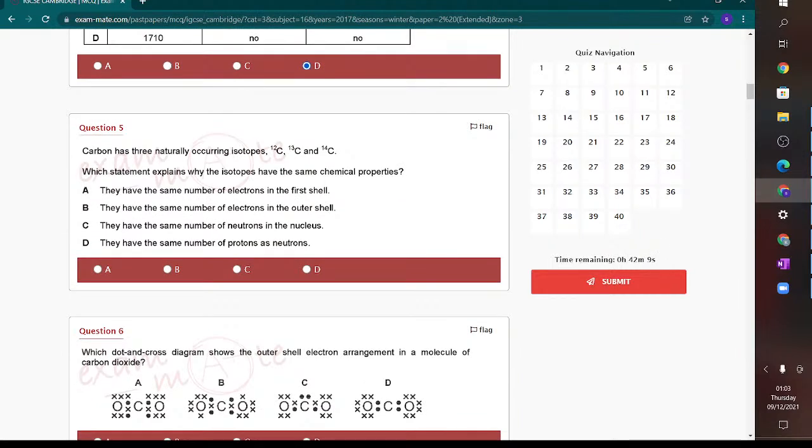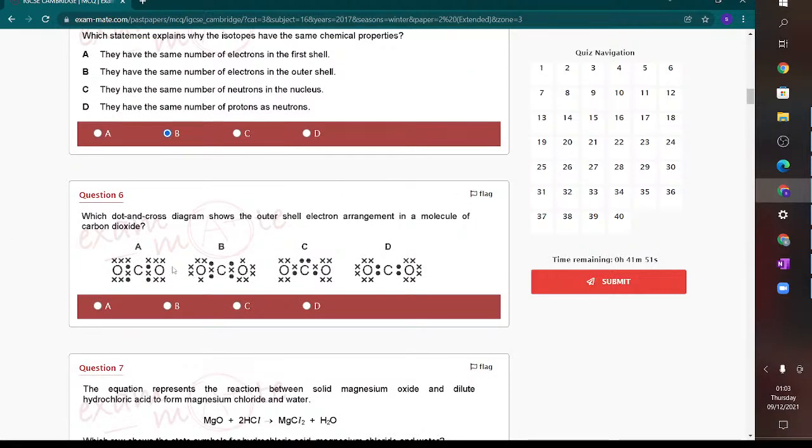Carbon has three naturally occurring isotopes. Which statement explains why the isotopes have the same chemical properties? Same chemical properties because they have the same electronic configuration, the same number of electrons in the outer shell. That indirectly means the same electronic configuration.